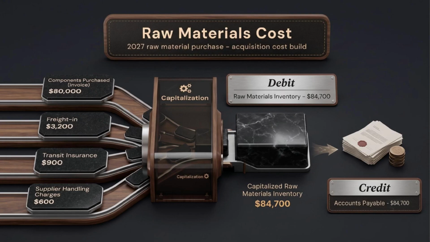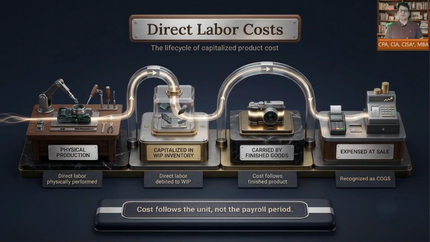The entry is debit raw materials inventory for $84,700 and credit accounts payable for $84,700. If we recorded only the invoice price, inventory would be understated by $4,700.